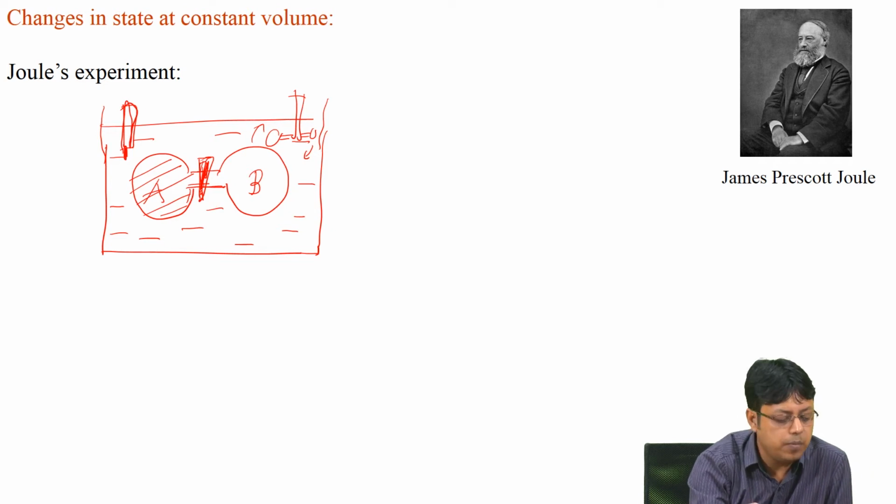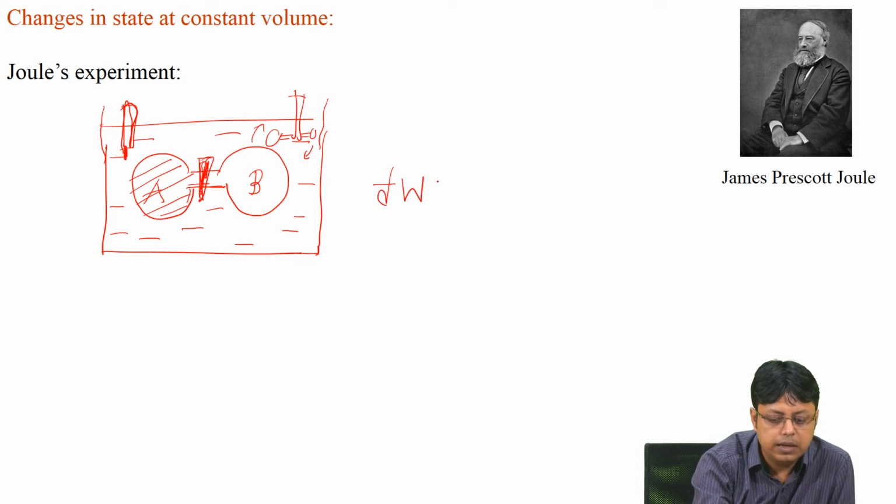Now, when the stopcock was opened, the question Joule asked is what is the associated change in the internal energy. Remember, we will use the same notation. Here d cross w, or the work done, is minus opposing pressure into dV.